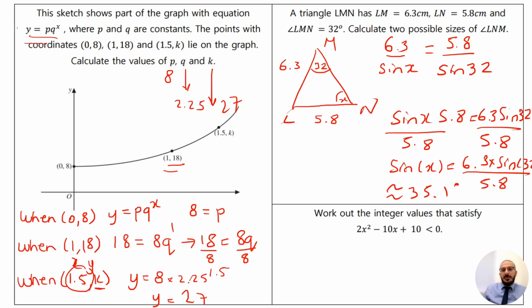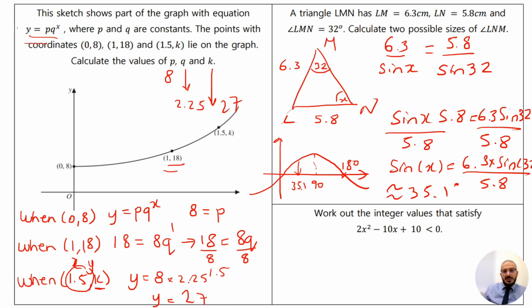In order for us to find the other possible value, we need to consider the sine graph. So we've got a sine graph like this. Imagine this is 90, and this is 180. The first value we found is 35.1.